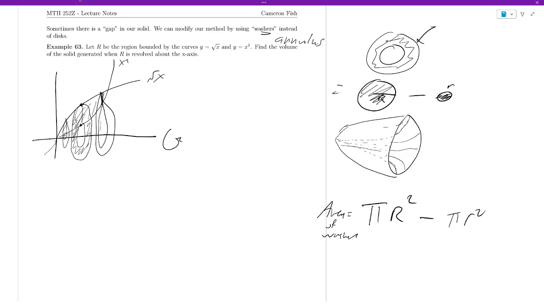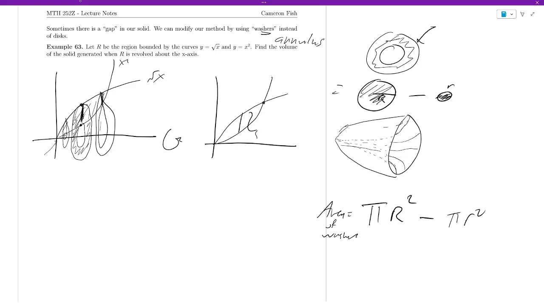So that's exactly the thing we're going to integrate. Pi R squared, where R is the bigger radius, minus pi r squared, where r is the smaller radius. We can extract what the bigger and smaller radius are just by looking at the graph. So if I draw it a little more clean here, again, draw one slice, a representative line segment to help you. You can imagine there's a washer attached to it. Where's the big radius?